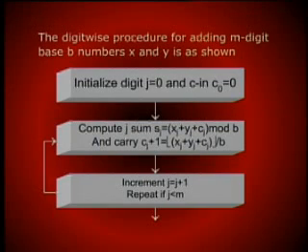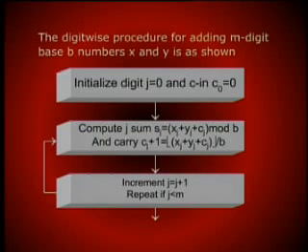Now we compute the j sum, designated as Sj, equal to (xj + yj + cj) modulo b, and the carry for the next stage would be c(j+1) equal to the floor of (xj + yj + cj) divided by b, which means the quotient corresponding to this division operation.